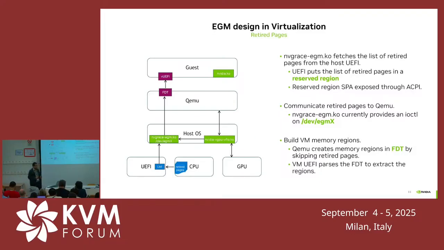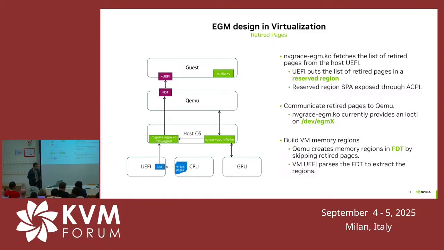Again, in order to communicate the list to user space, we have added an ioctl file ops ioctl that is associated with the dev EGMX. So the user space process could send an ioctl and ask for the list of the retired pages, and then save it for further processing.